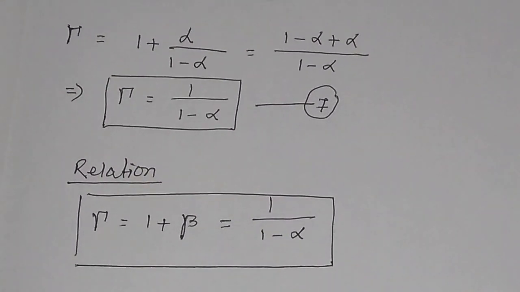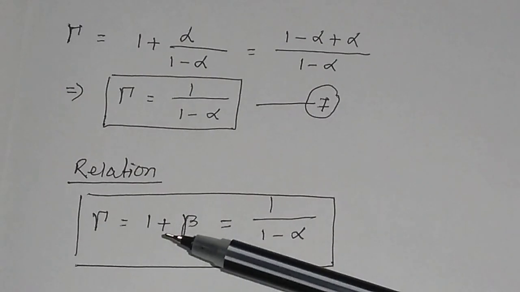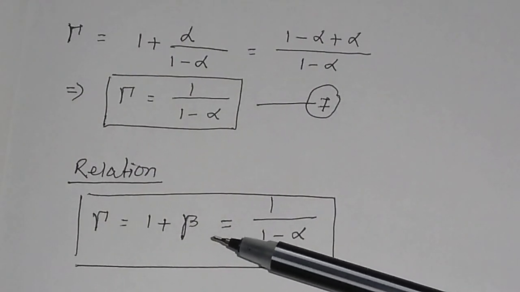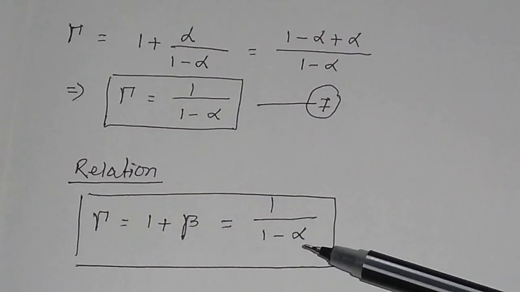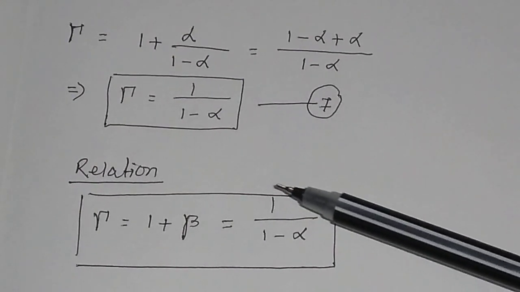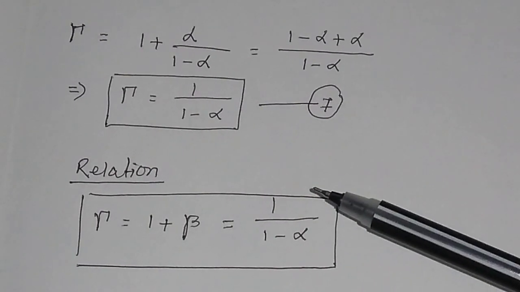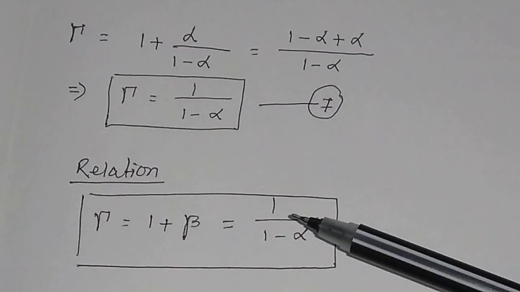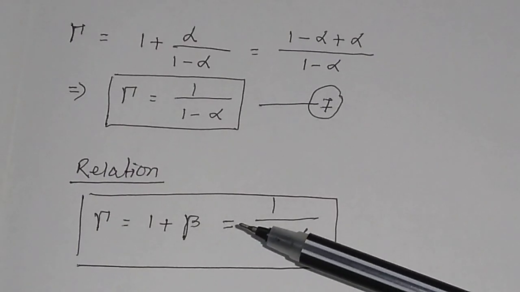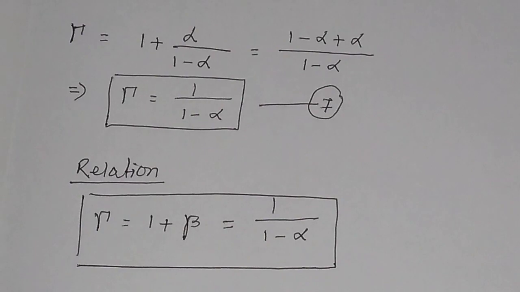You have to remember this relation, that gamma is equal to 1 plus beta, that is equal to 1 divided by 1 minus alpha, and this is the well-known formula. You have to remember this formula between alpha, beta and gamma, and a problem will be asked to you from this formula.